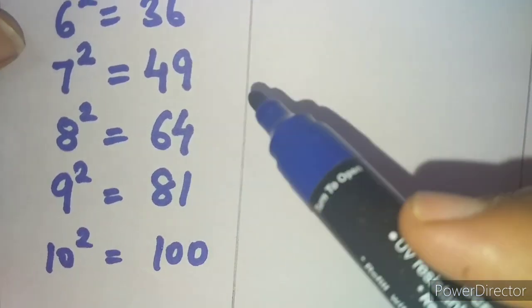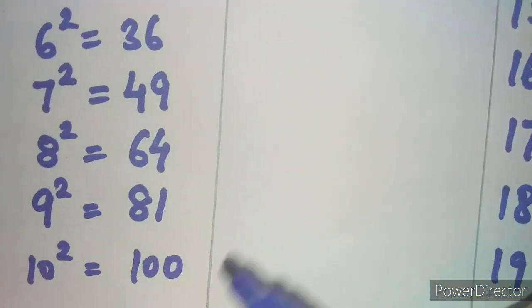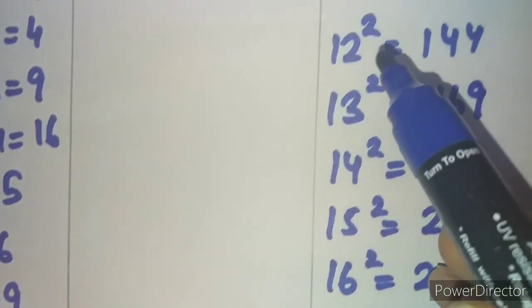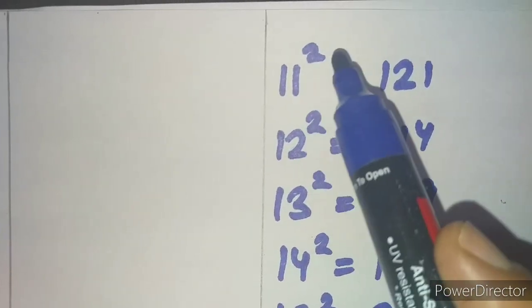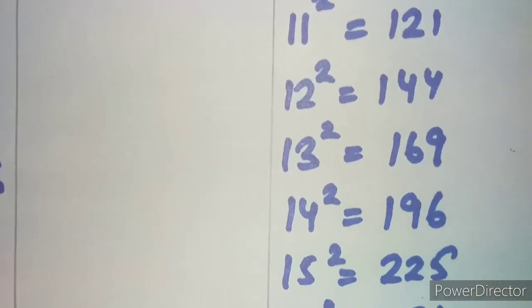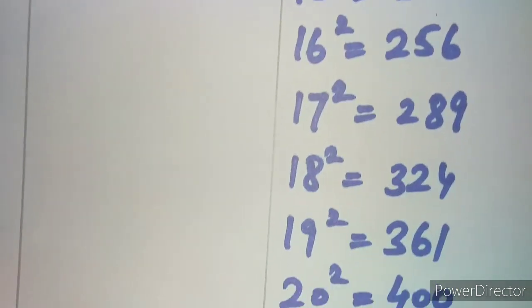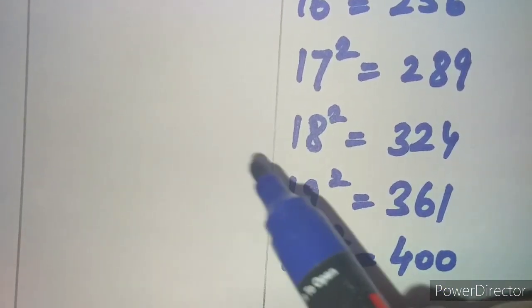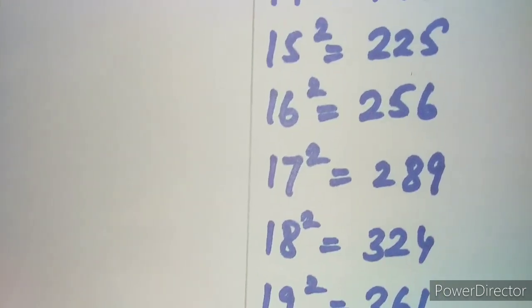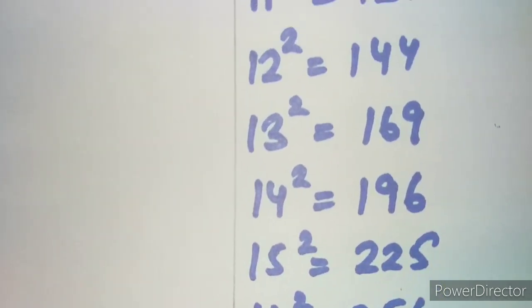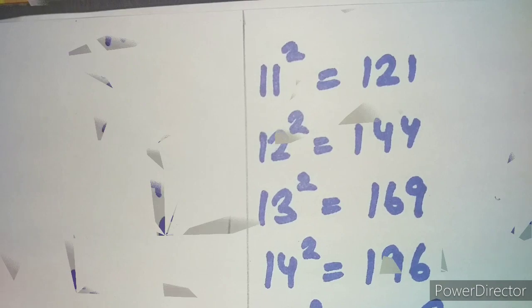Okay, and in exactly the same way I have written for you from 11 square up to 20 square also. Students, I want to tell you that it is most important and very much helpful to learn the squares at least from 1 to 20.